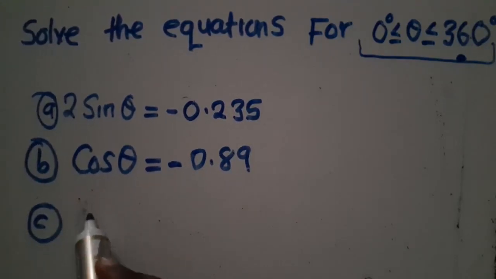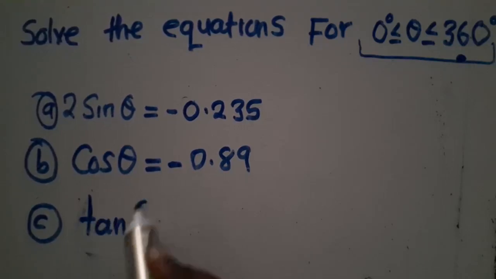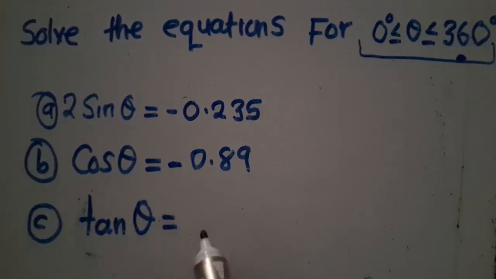I want you to find tan theta, which is equal to 1. Just like this. So these are the questions that I want you to answer. Solve the equations for 0 degrees to 360. That is the scale. Theta is between 0 degrees and 360. So let's see how we are going to answer these questions.